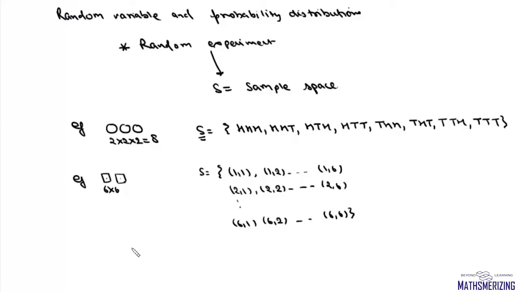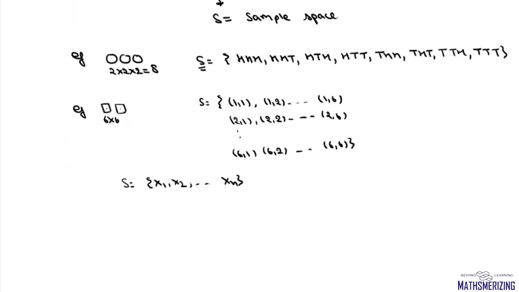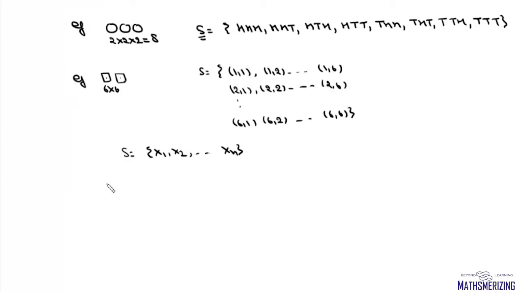(6,6). So generally speaking, if we have a discrete sample space with finite values, say this S, which contains sample points x1, x2 up to xn, then this random variable X is a function defined from S to R, and this function maps sample points to some real number.